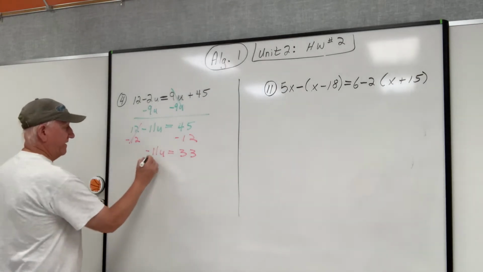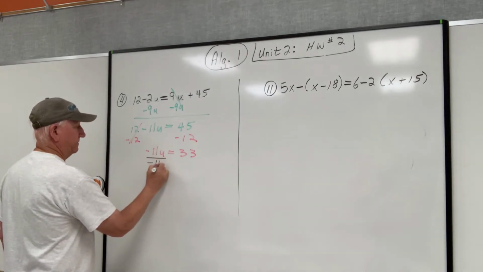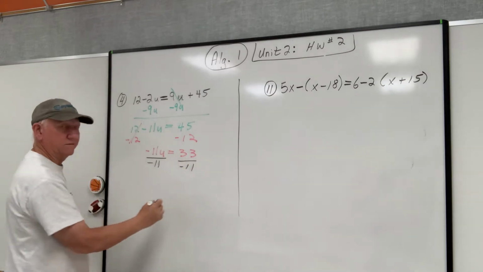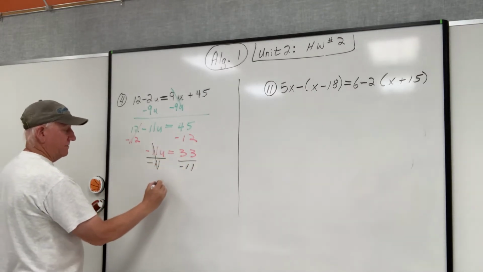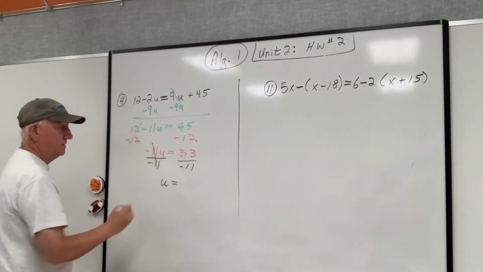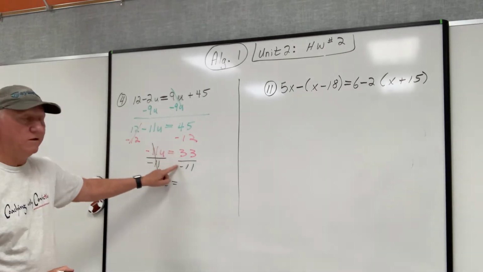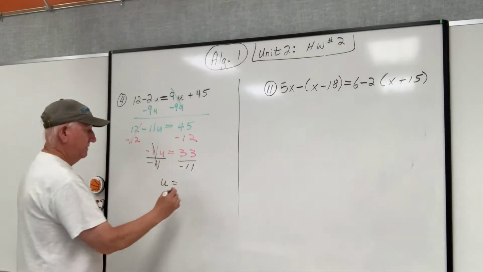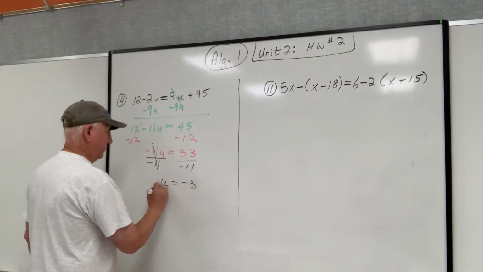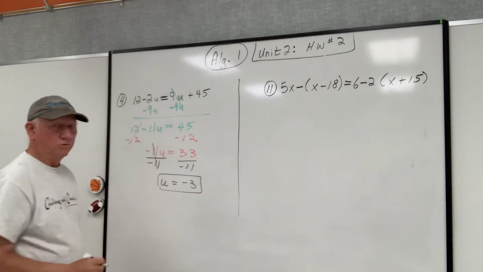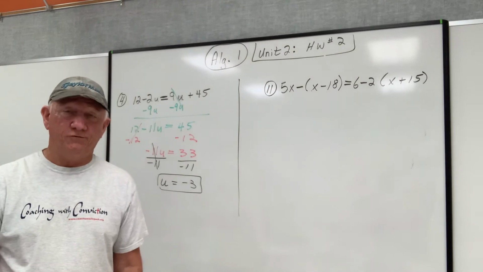We do that by dividing by negative 11 on both sides. So that leaves me now just u equals 33 divided by negative 11, which is negative 3. So u equals negative 3.